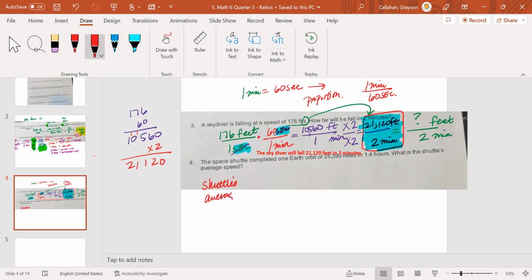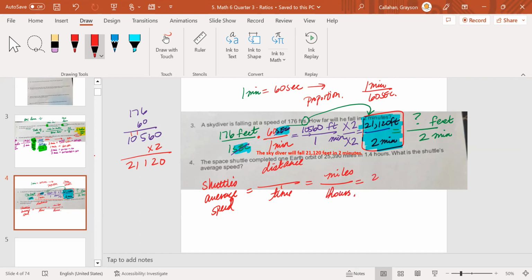The shuttle's average speed is going to be the miles over, or I should say distance, over time. Okay? Distance is measured in miles, not feet this time. Time is measured in hours.